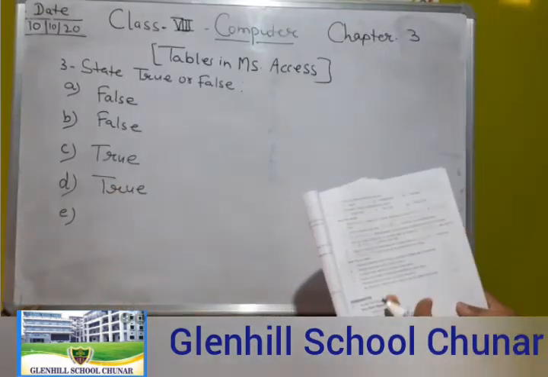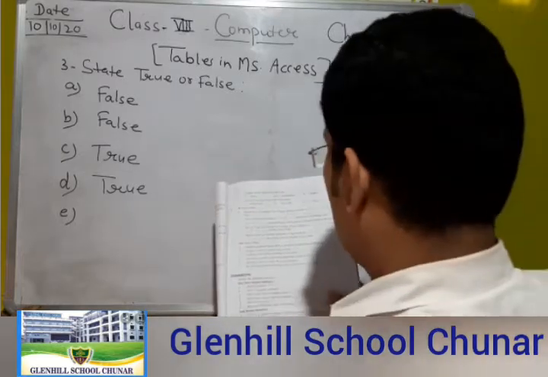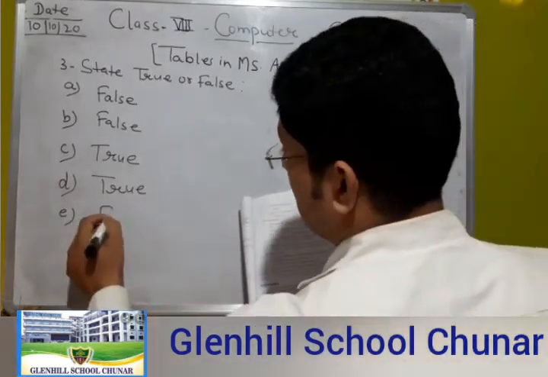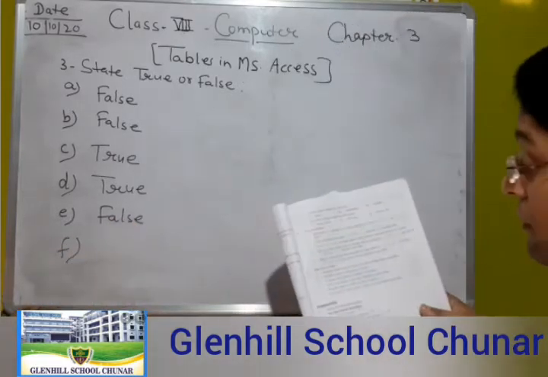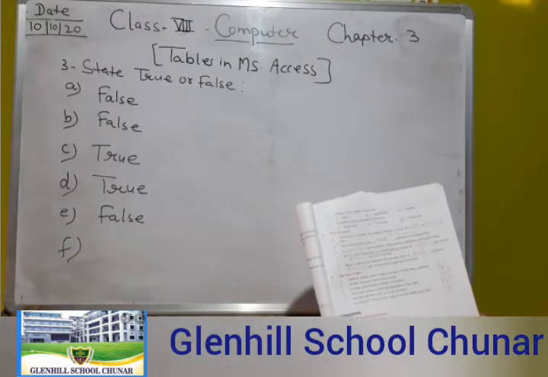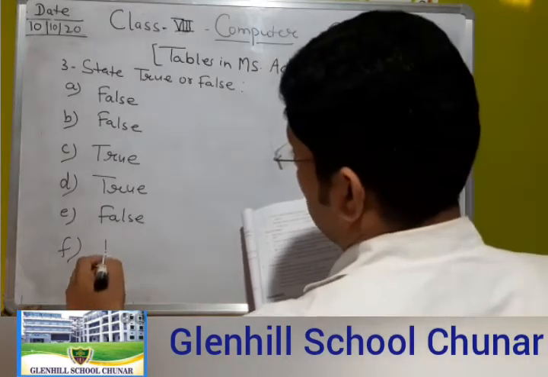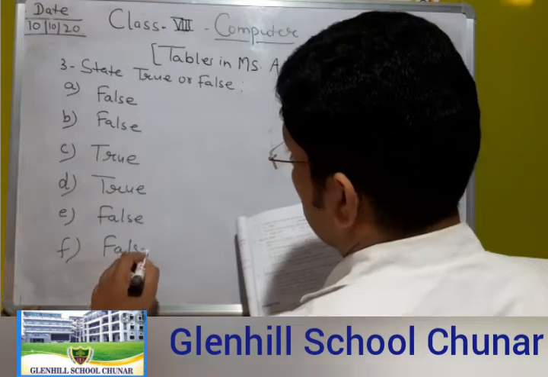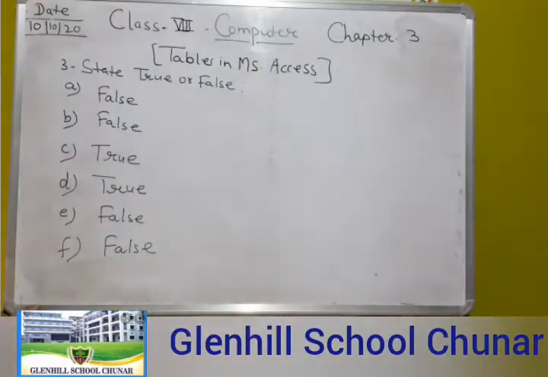And E, the text data type has a limit up to 155 characters, that's false. And F, clicking on the refresh button helps to see the edited source data, so that's false. So that's the complete true false section.